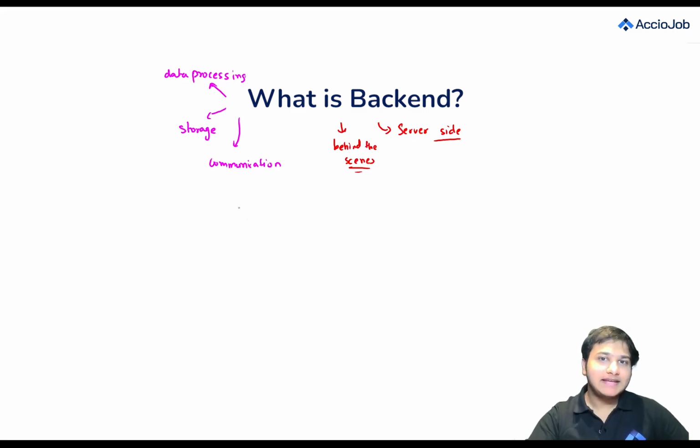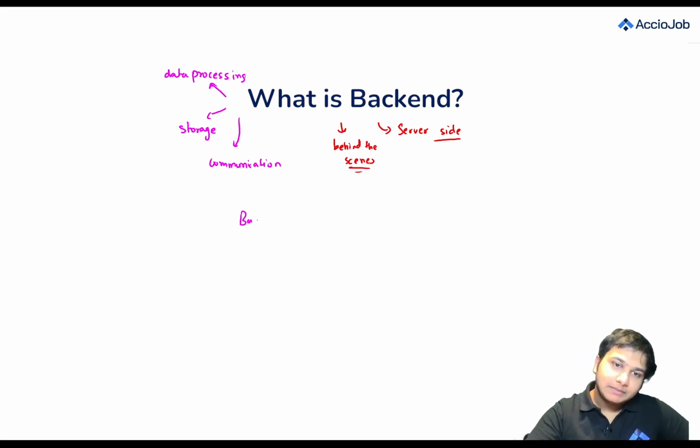Now, of course, just like HTML, CSS, and JavaScript are the three core technologies in front end, backend also has a few things. Understand that for backend, the technologies that we are using can vary. For creating backend, some people prefer to use Node plus Express plus MongoDB.